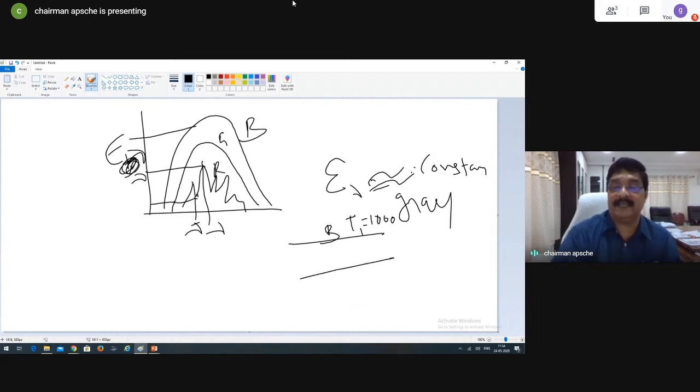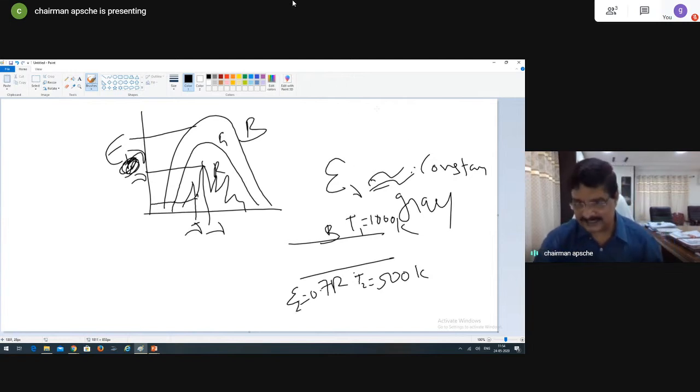The second one is a real surface. Its T2 is 500 Kelvin, and emissivity epsilon 2 is 0.7. These are the conditions given, and the surfaces are very large.